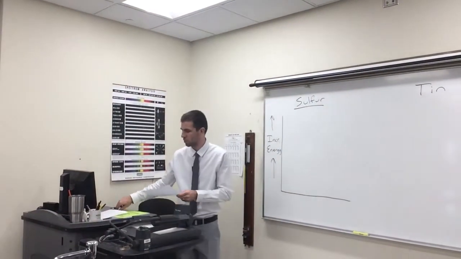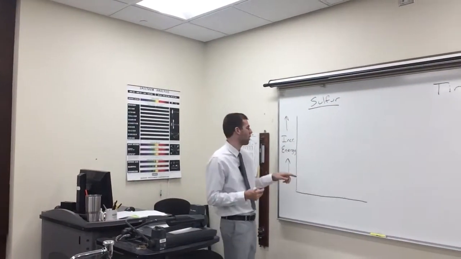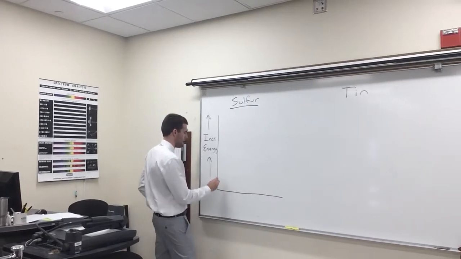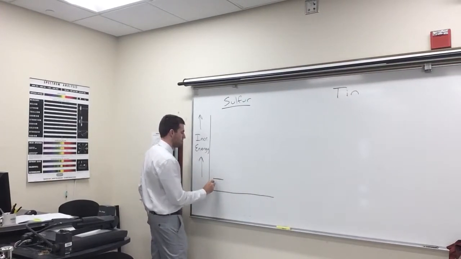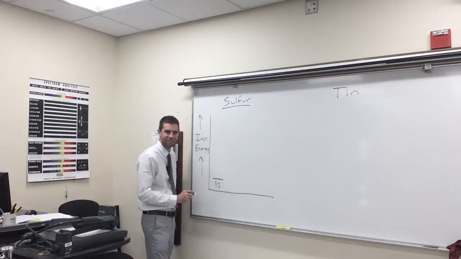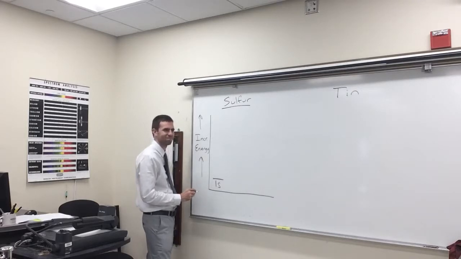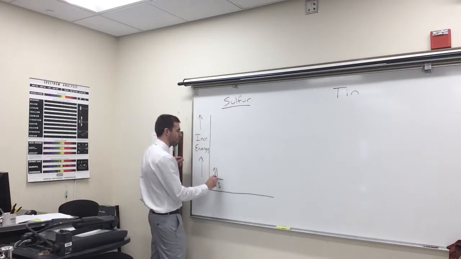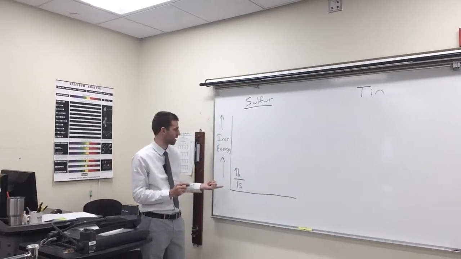Or we can look at it this way. What is the very lowest energy? What is the lowest energy place we can put the electron? Right here is what? 1s, right? So in 1s, how many electrons can we put? 2. Okay, we can put 2 electrons because each orbital can fit 2 electrons, right?